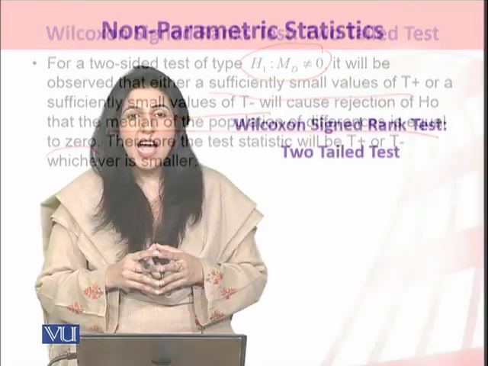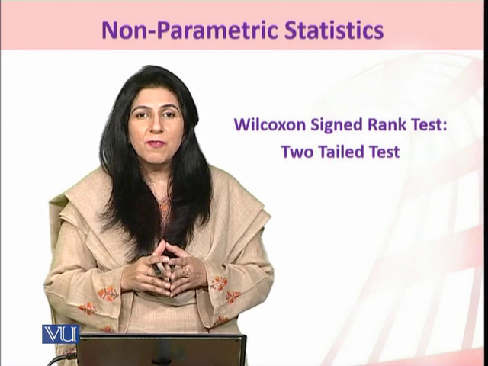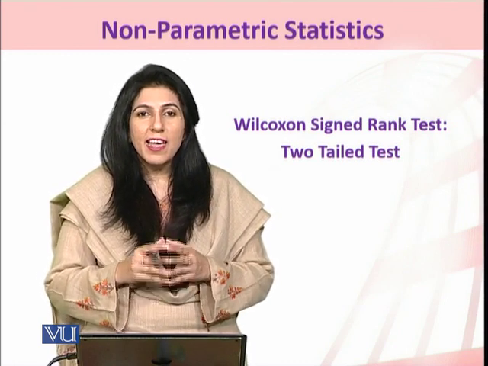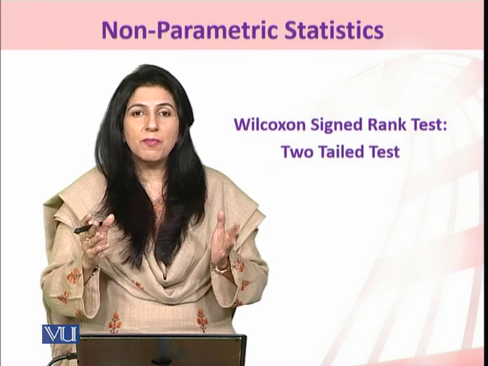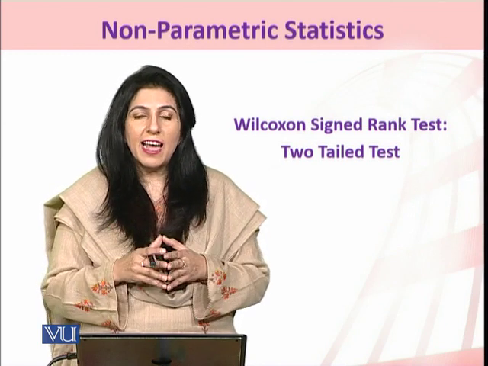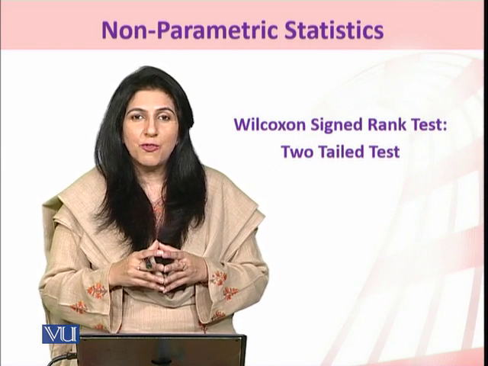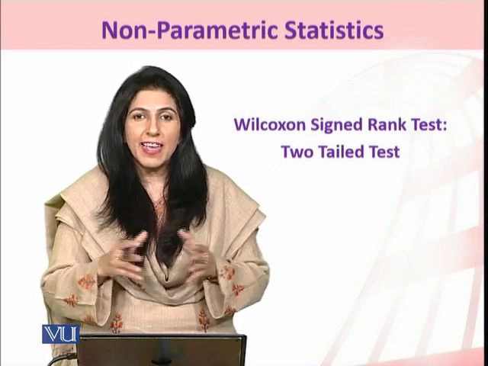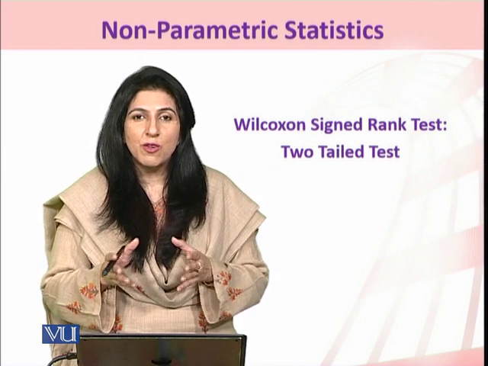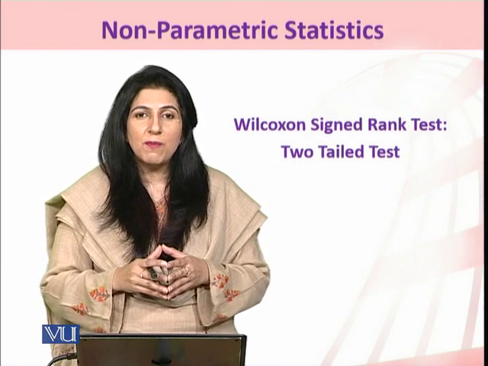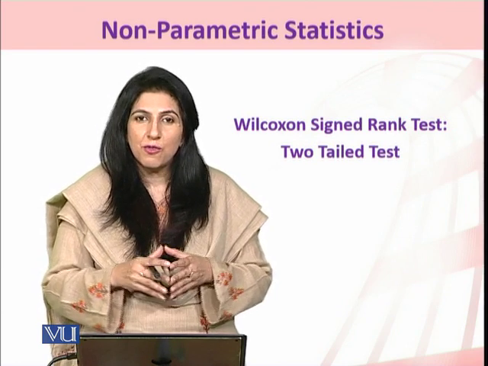So students, under the Wilcoxon Signed Rank Test, we are interested in testing the median difference MD, whether it is the same, that means MD is equal to 0, or the alternative hypothesis that the median difference is different from 0.